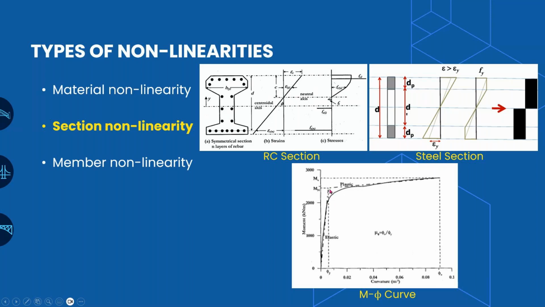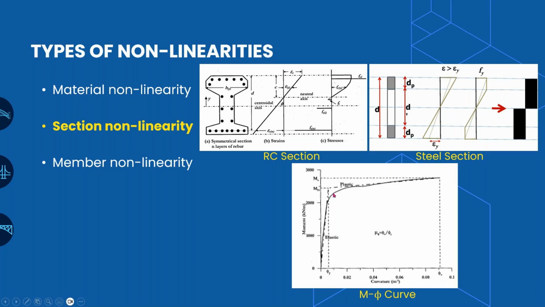Now, most of the time what we require is the idealization of this particular curve. To idealize this curve, there are different methodologies which are used. One method to idealize is depending upon the equal area principle.